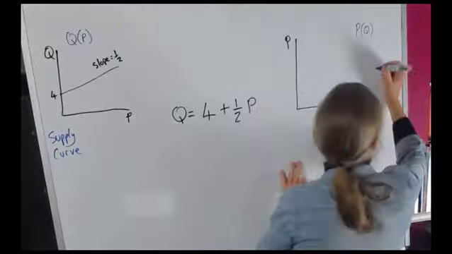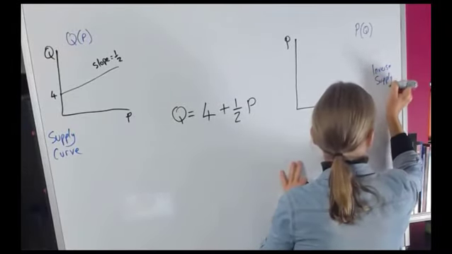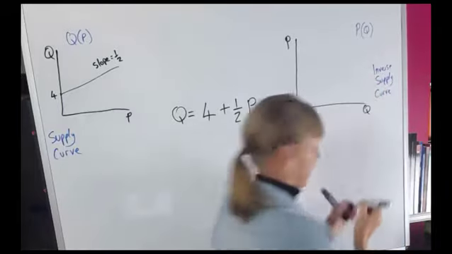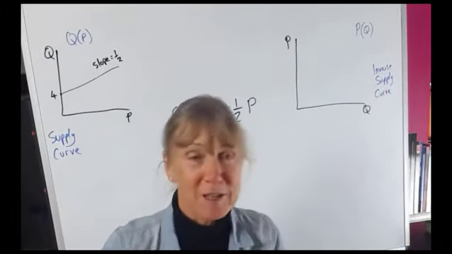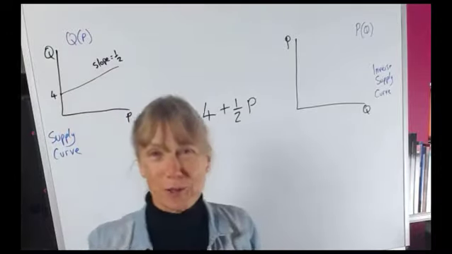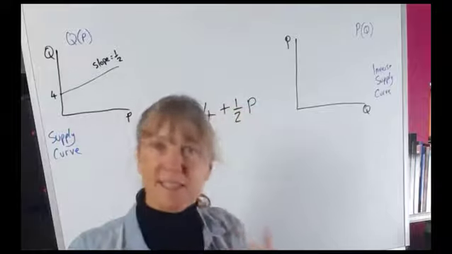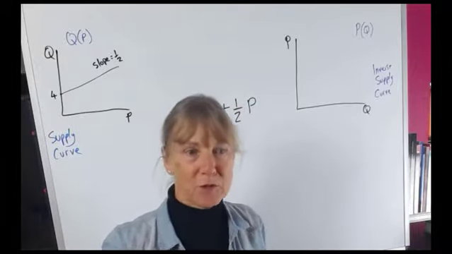This would be an inverse supply curve. But I don't need to go into too much of that at the moment, but just to let you know, it's showing you the same information, but in a different way. And economists like to do this because it gives insights in different contexts.